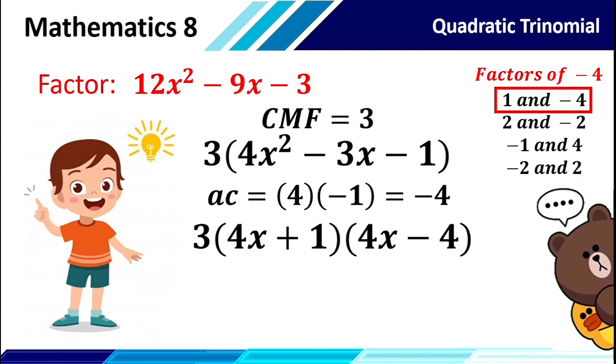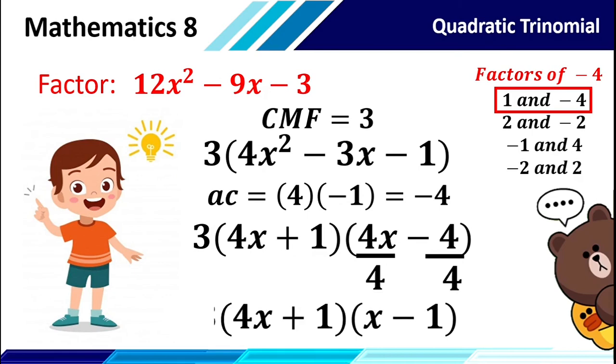After we input the leading coefficient and the variable as well as the factors of negative 4, let's recheck whether the two binomials that we have are divisible by any particular number. 4x plus 1 doesn't have a GCF, but 4x minus 4 has a GCF of 4. Therefore, we simplify this one. We will come up with 4x plus 1 times the quantity of x minus 1.